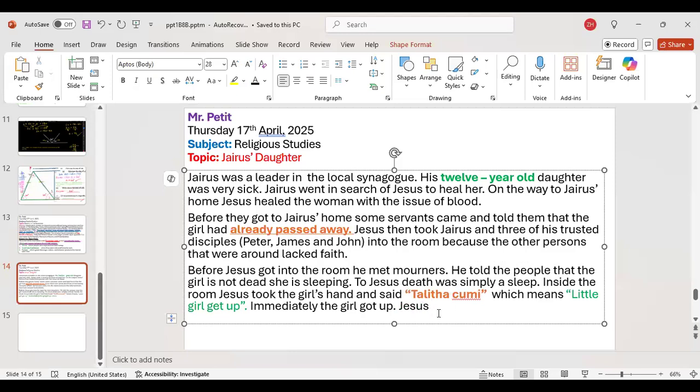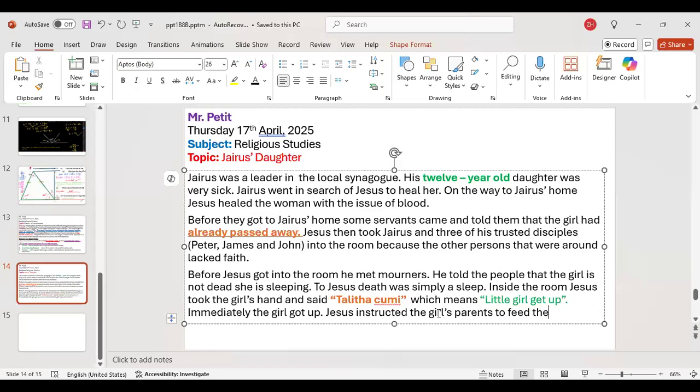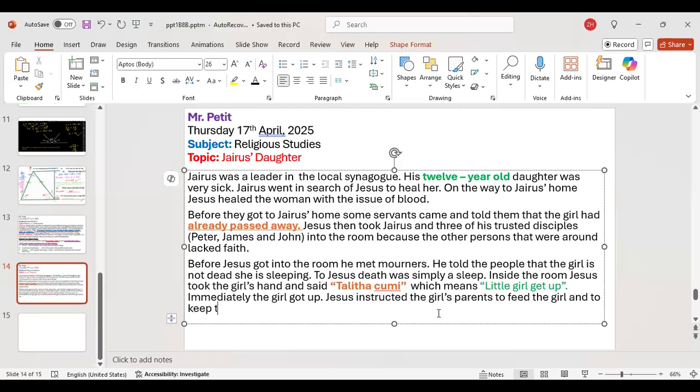She wasn't healed. She was what? Resurrected, right? Jesus instructed the girl's parents to feed the girl and to keep the miracle secret.